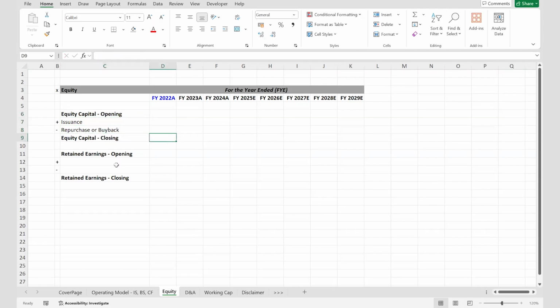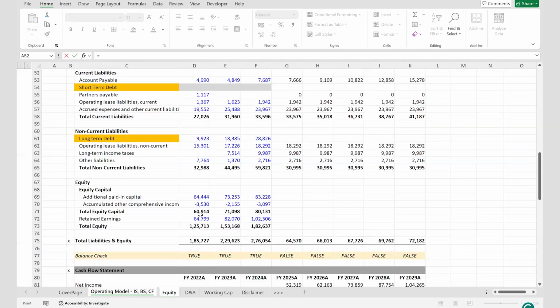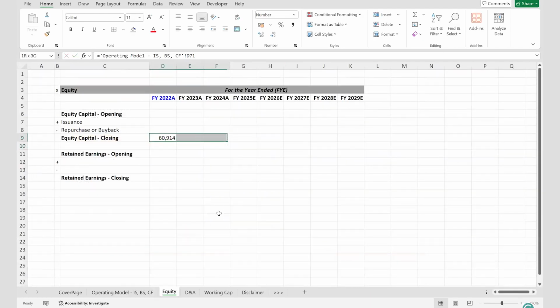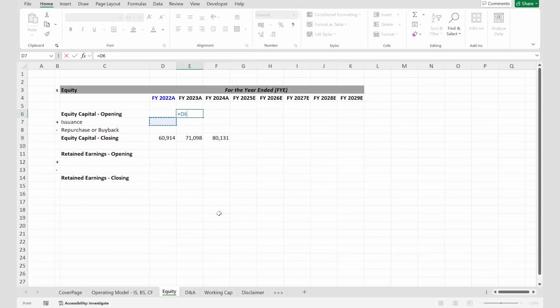Correct? So let's do the first thing first, which is equity capital closing. I need it, so can I bring this 60,000 as equity capital, 60, 71 and 80. So I can just bring that closing figure for the next 3 years. And that will be the next year's opening, like this. Is that clear?